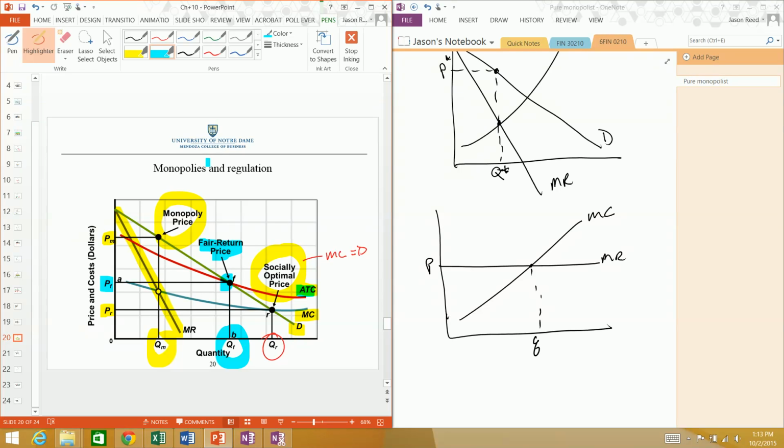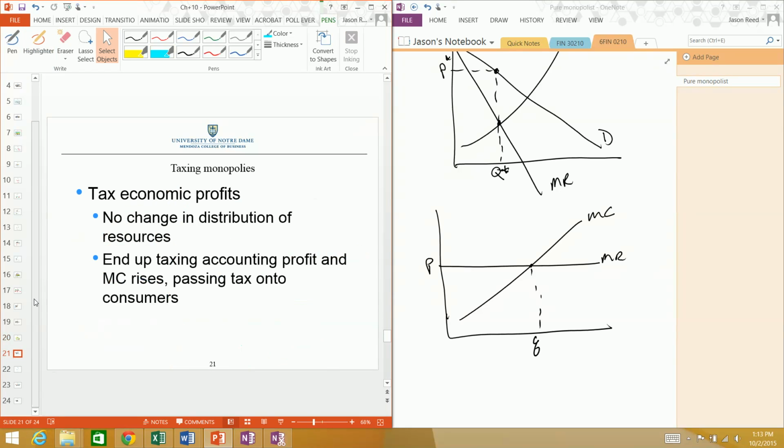The other way that the government can essentially intervene in the market is through taxing monopolies. So after the occurrence of the monopoly price and the monopoly regulation, what we end up doing is taxing the profits. What ends up happening is that we see no change in the distribution of resources after the fact.